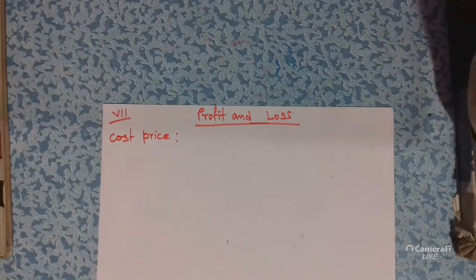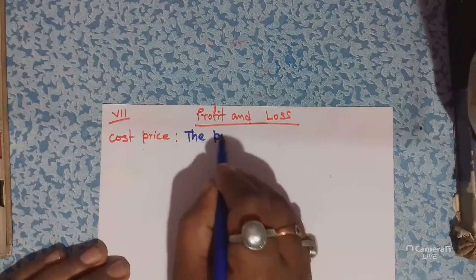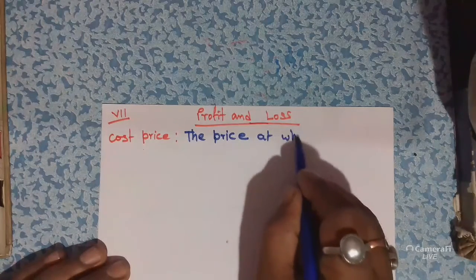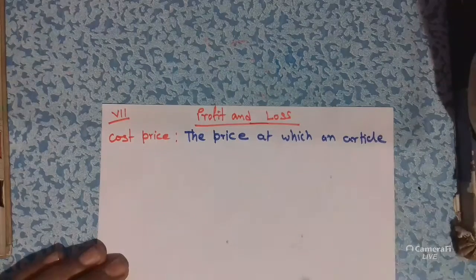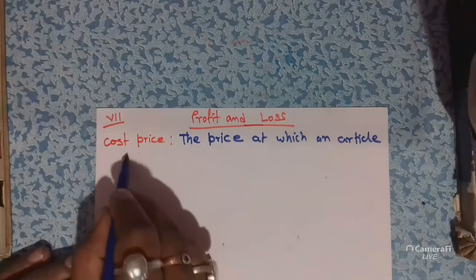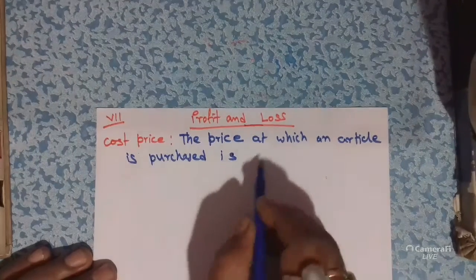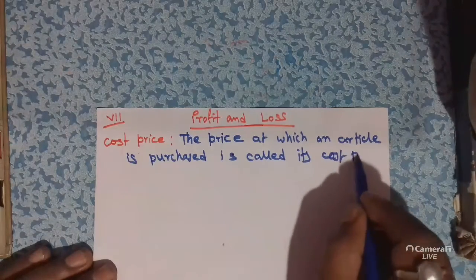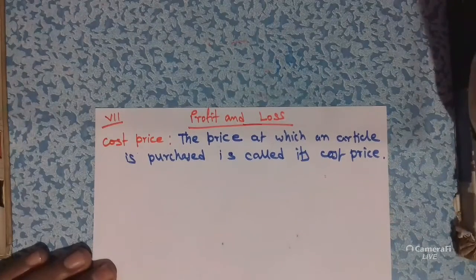Cost price. The price at which an article is purchased is called its cost price.